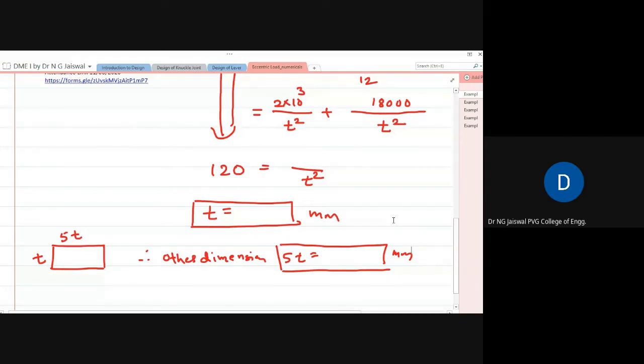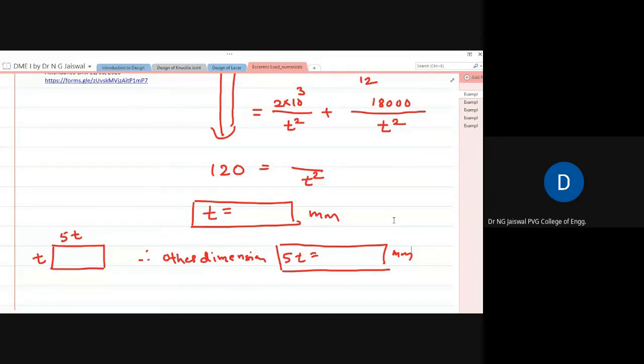One thing you should always keep in mind in all such machine design numericals: it is my observation and experience that because of lack of calculation practice, people end up with a very wrong, very absurd answer. It happens many times that students complain, sir, I have solved 80 marks worth and got only 20 marks.